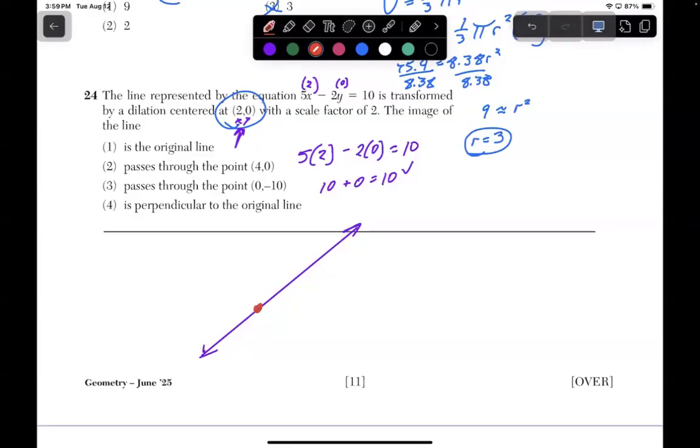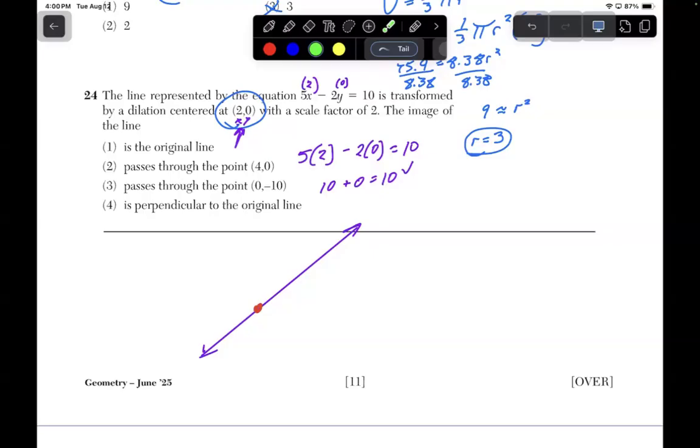What's going to happen is all of these points are just going to stretch out along the line. So this point would go to here, and this point would go to here. Everything's going to stretch out this way, and the line is going to be the same line. So if the center of dilation is ever on the line, it's going to be the same line. There you go. That's the answer.